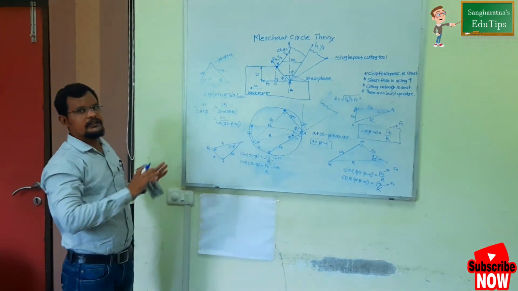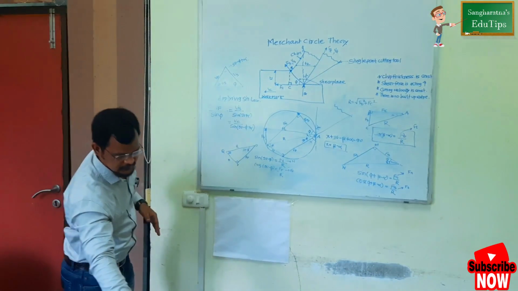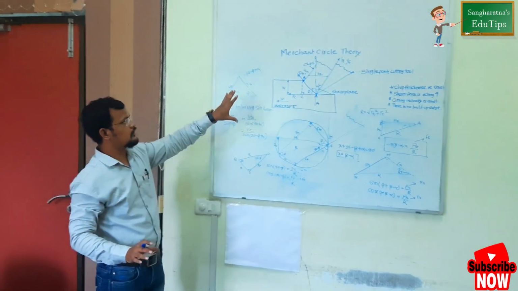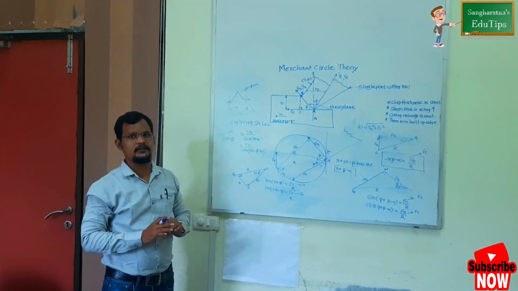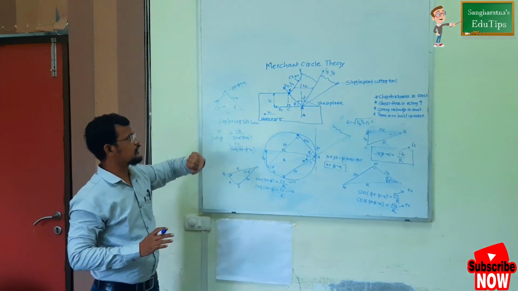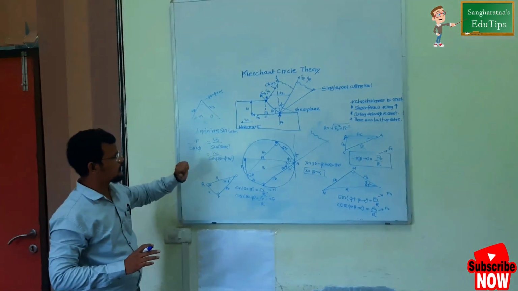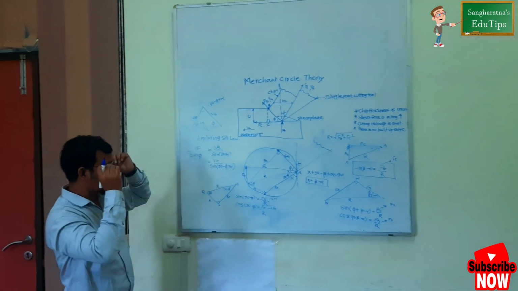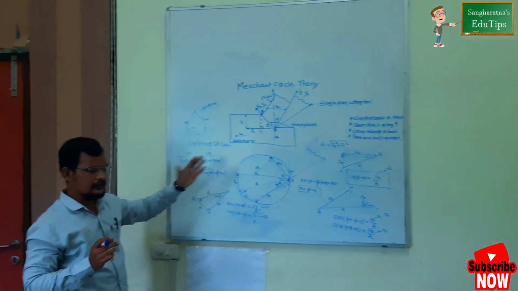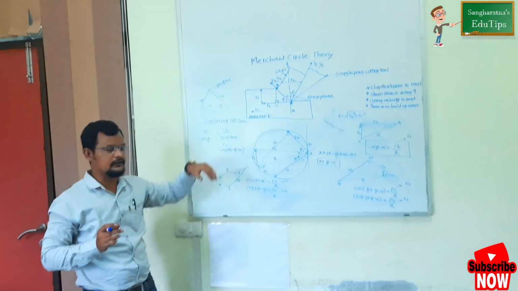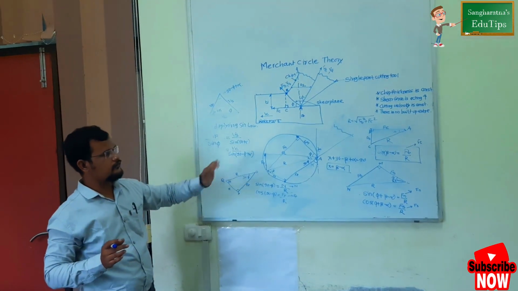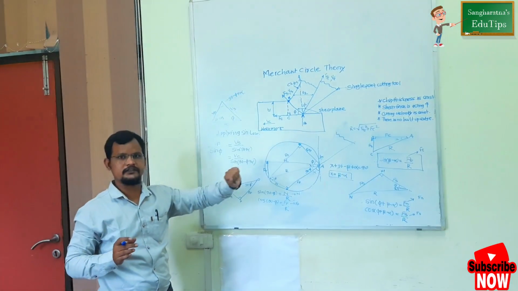So we discussed today, and I am concluding here by summarizing all these things. We have represented all the forces generated during the cutting operation in one single mechanics of metal cutting figure. Then we used this figure to calculate various parameters, various angles and the shear angle. We derived the equation for the shear angle.